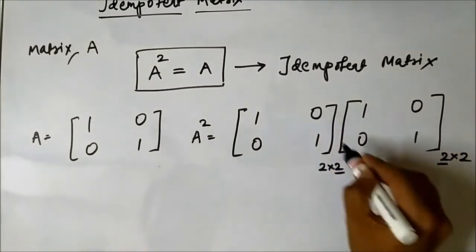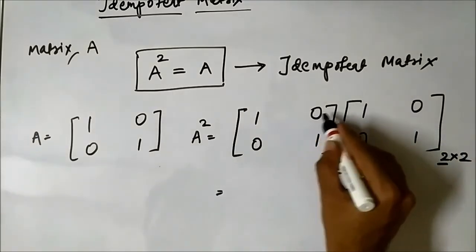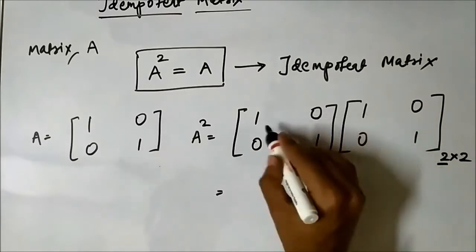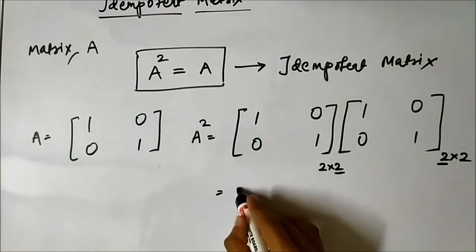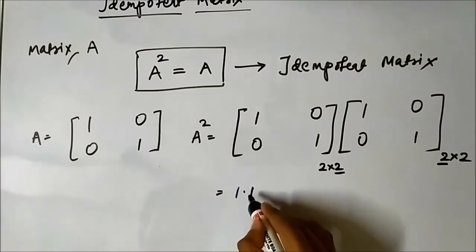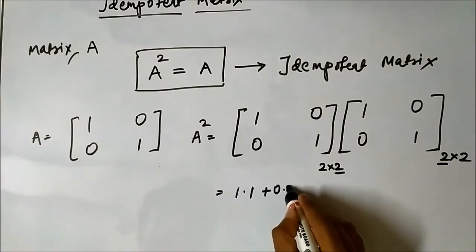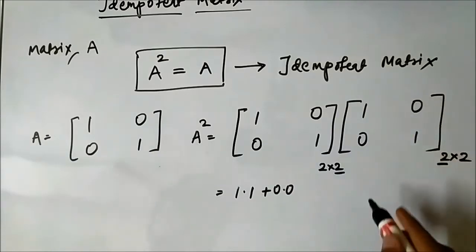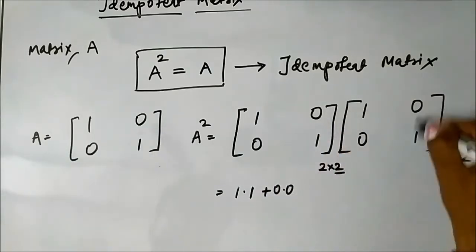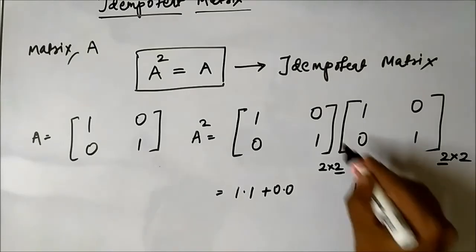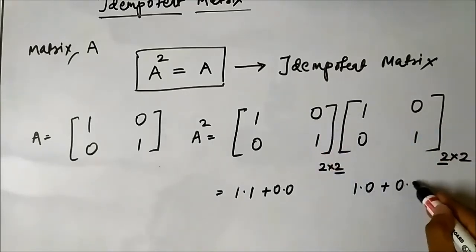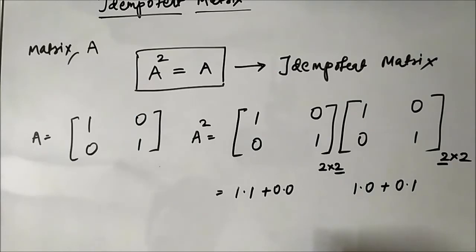See, the multiplication happens first with the first row of the first matrix and the first column of the second matrix. So it will be 1 into 1 plus 0 into 0. Next will be the first row with the second column: 1 into 0 plus 0 into 1.